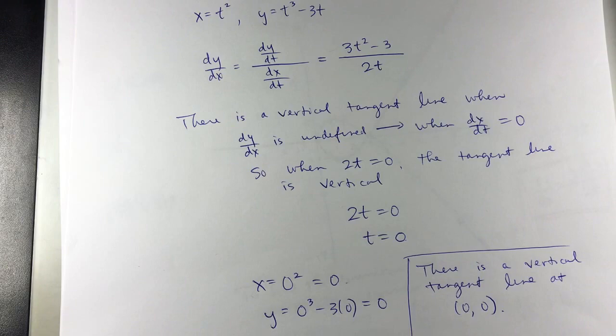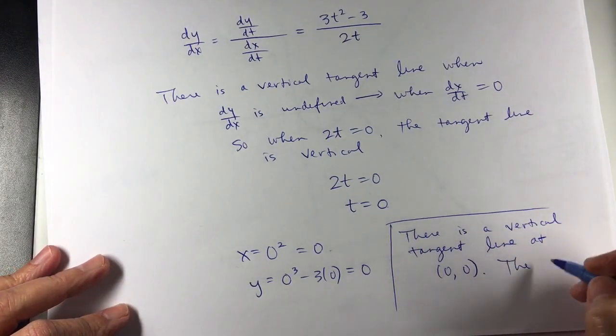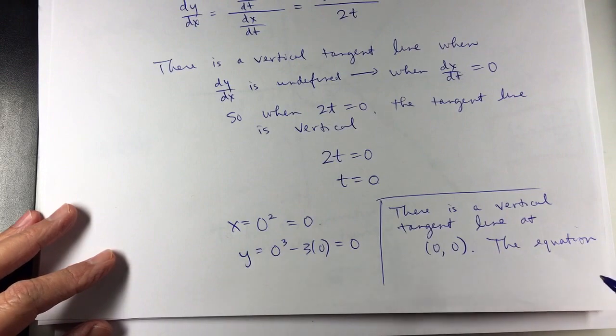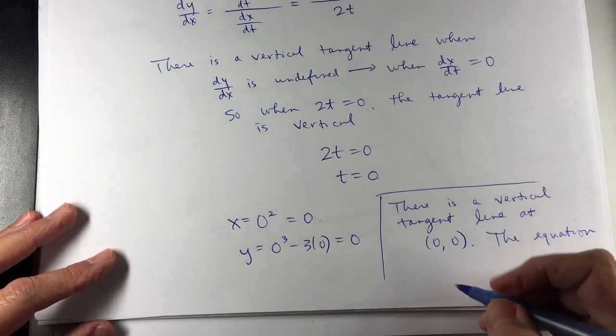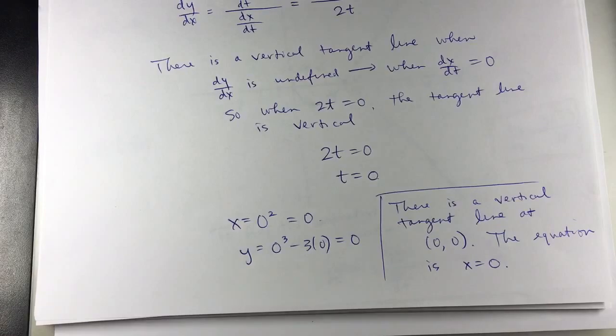What's the equation of that vertical tangent line? How do you get the equation of a vertical line? Is it x equals or y equals? X equals. The equation is x equals 0 for the vertical tangent line.